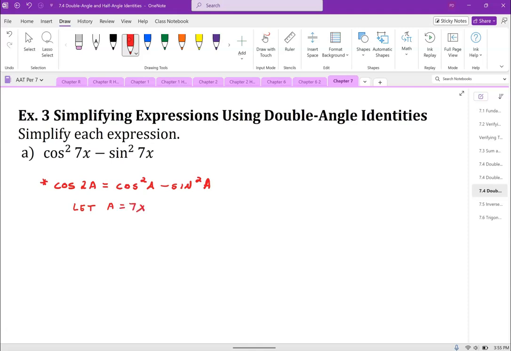Okay, so if we're letting a equal 7x, that means that this thing that we were given is really equal to the cosine of 2 times 7x. So if I had to simplify this, it simplifies to cosine of 14x. That's it. That double angle, we were given the right-hand side, and we're trying to simplify the left-hand side. So it's cosine of 14x.